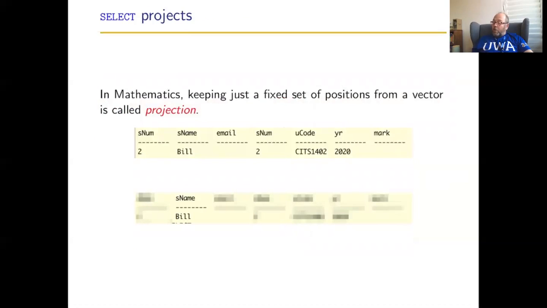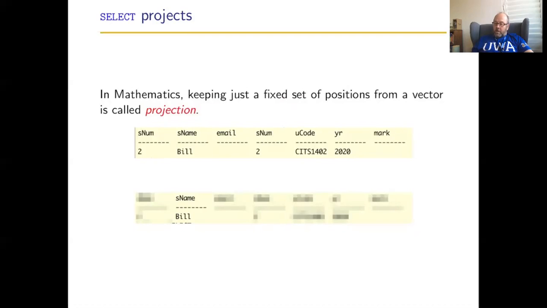Okay, so the way to think about projection, the way to think about select, is that it is an operator that performs the mathematical operation of projection. What projection is, is when you take in a vector and you only keep some of the components of the vector.